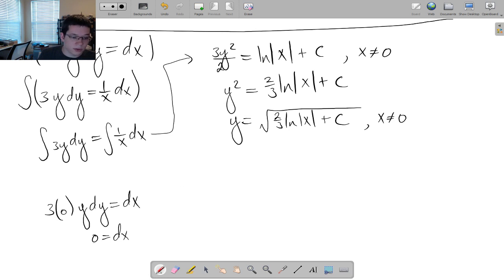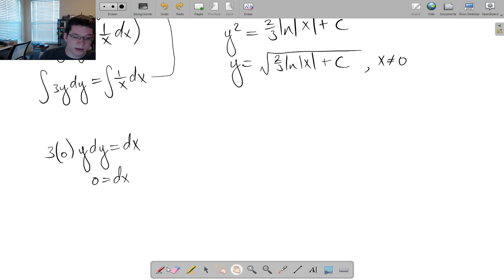So we don't know what's going on or where it is when x is 0, but we know that dx is 0 when x is 0. So that's good information to have.